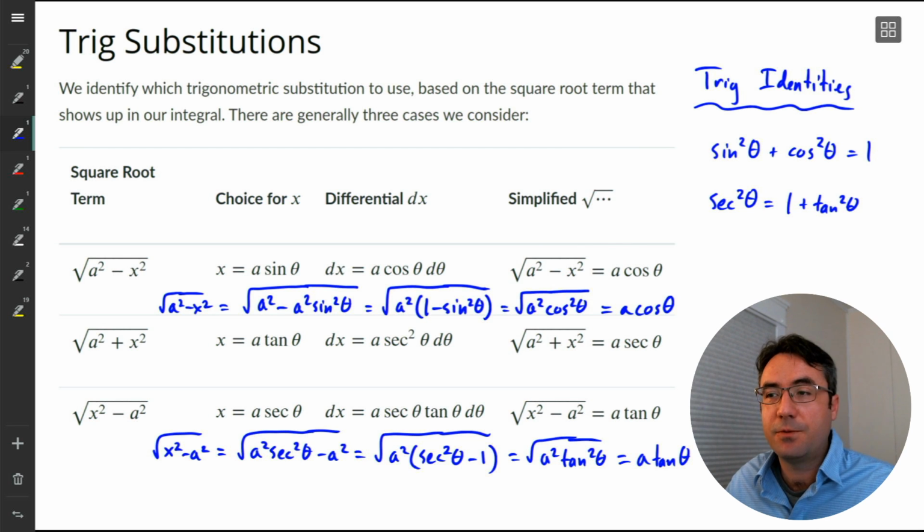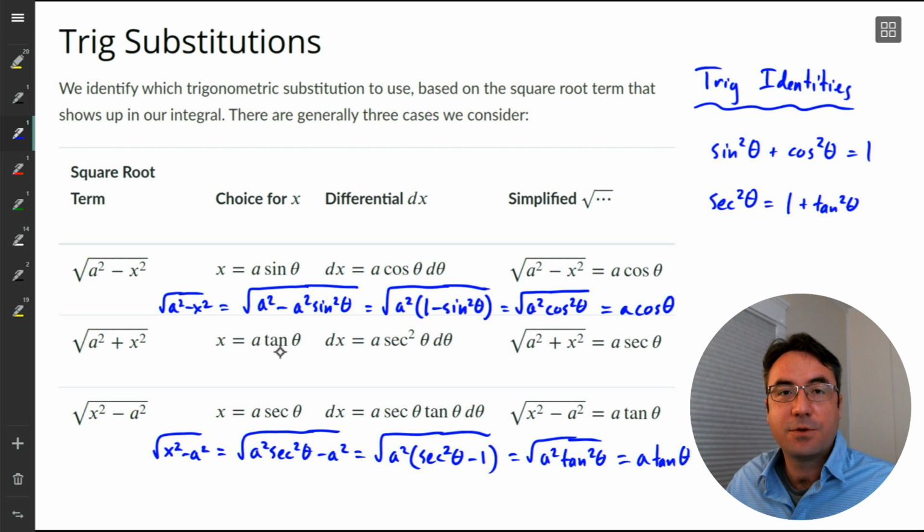So it's up to you which way you want to do that. A nice way to remember how that simplifies is I tend to think of sine and cosine as opposites. So when we choose x equal to a times sine theta, the square root term just simplifies to its opposite, a times cosine theta.